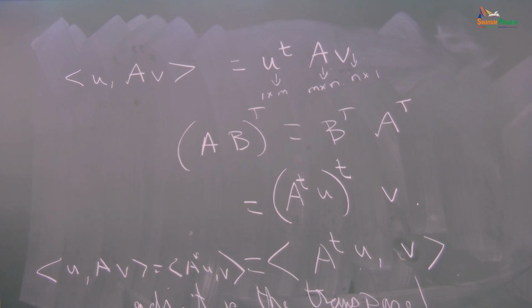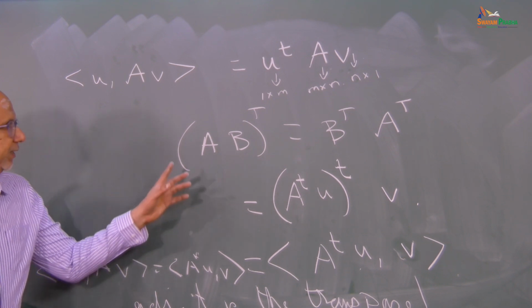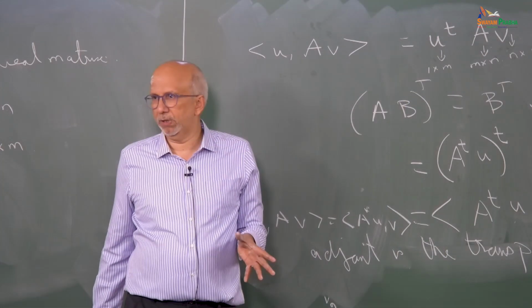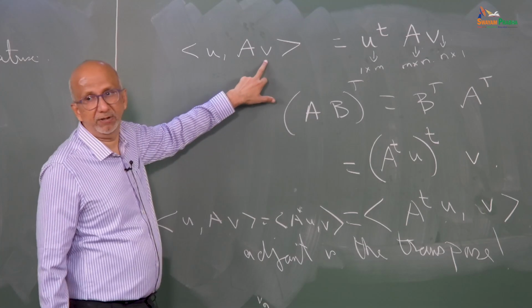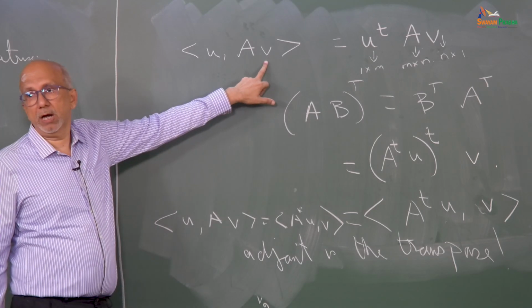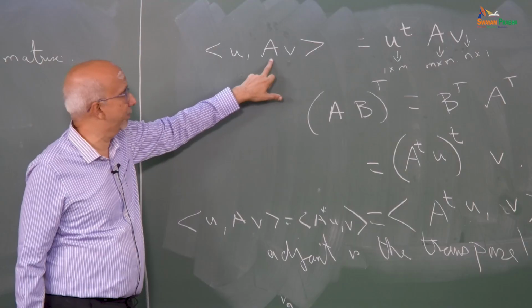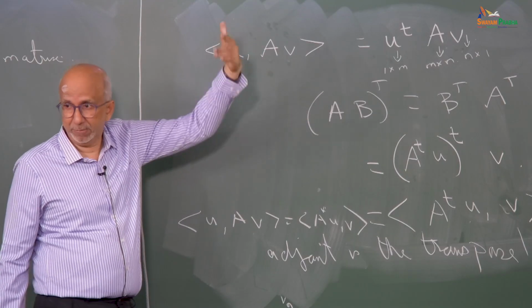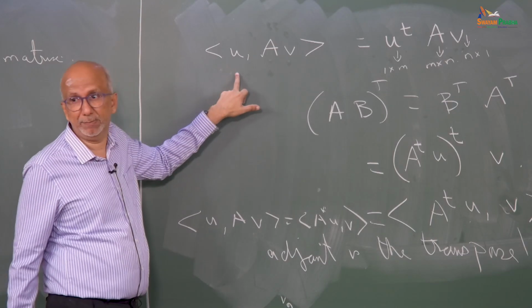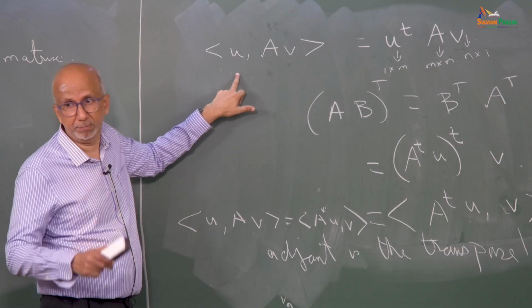See, you do not have a problem if your matrix A is square, but v will belong to R n if A is m by n, only then A can operate on it. I get an m dimensional vector. So, this guy has to be an m dimensional vector, m for mother.